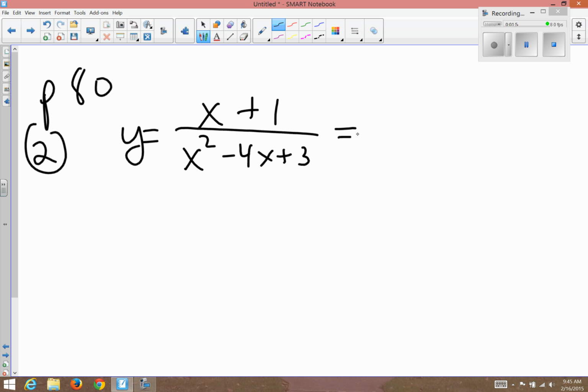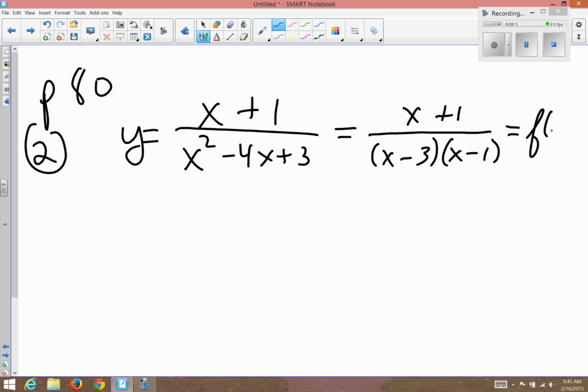We notice the denominator can be factored. And we're going to give this function a name. We're going to call it f of x.